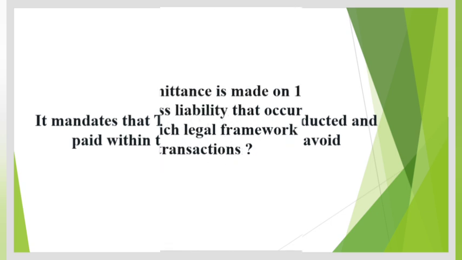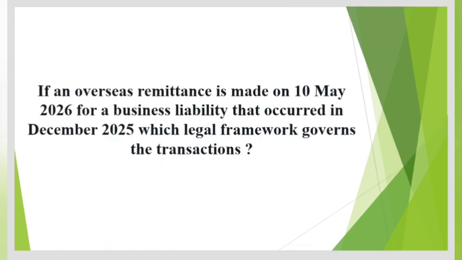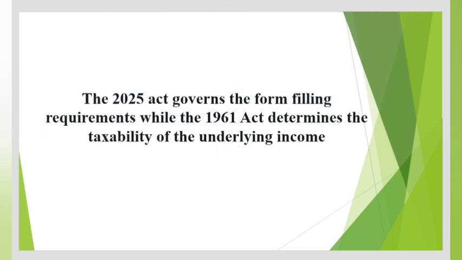Question 5. If an overseas remittance is made on 10th May 2026 for a business liability that occurred in December 2025, which legal framework governs the transactions? The answer is the 2025 Act governs the form filing requirements, while the 1961 Act determines the taxability of the underlying income.